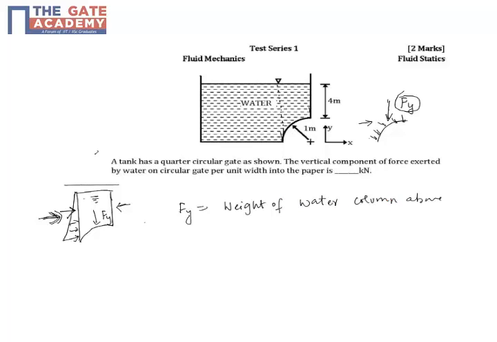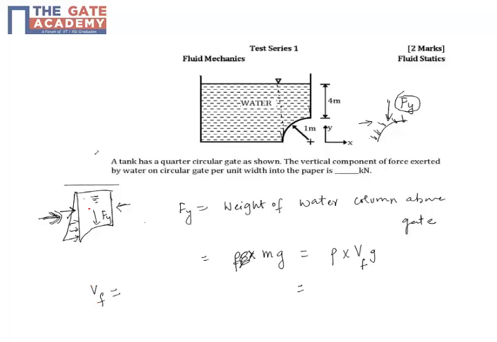above the gate. So that is basically the mass of water into g, and mass is equal to density into volume, so density into volume of the fluid into g. Now this volume of the fluid is something we need to calculate.